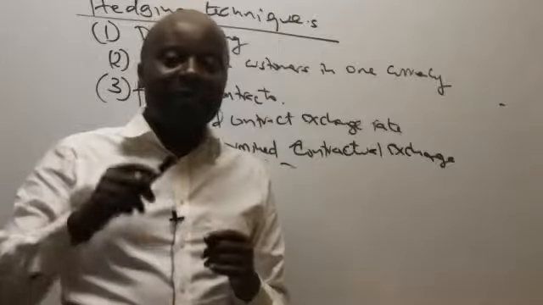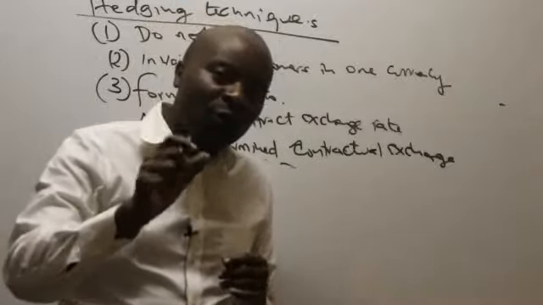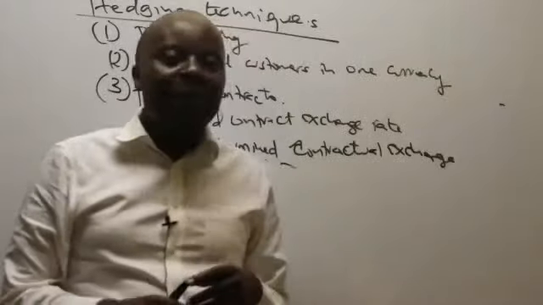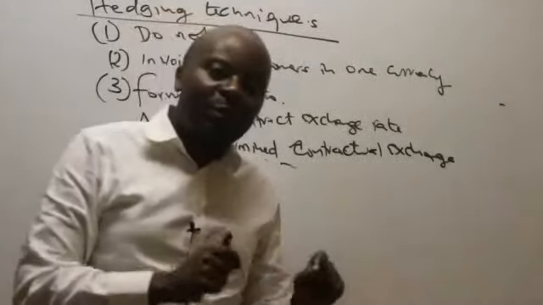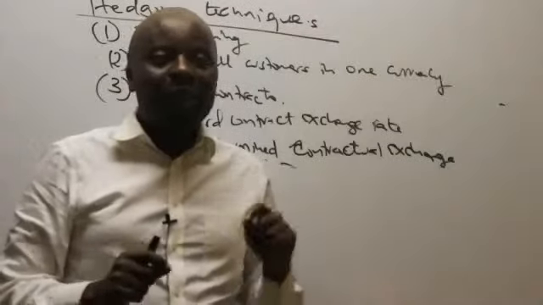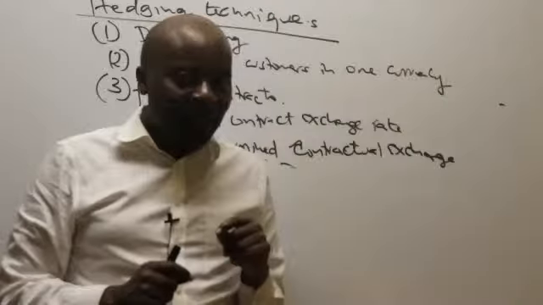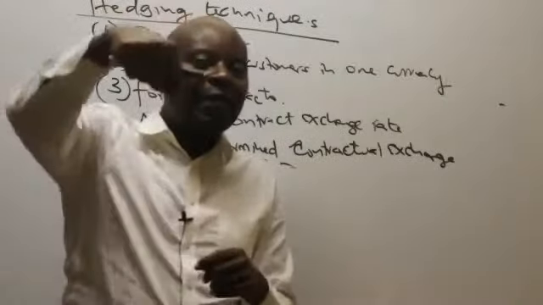Later. But for now, if we are looking at getting these dollars in 5 months, I will be troubled wherever I am, because I don't know exactly how much I'll get in Kenya shillings when I'm paid these dollars.